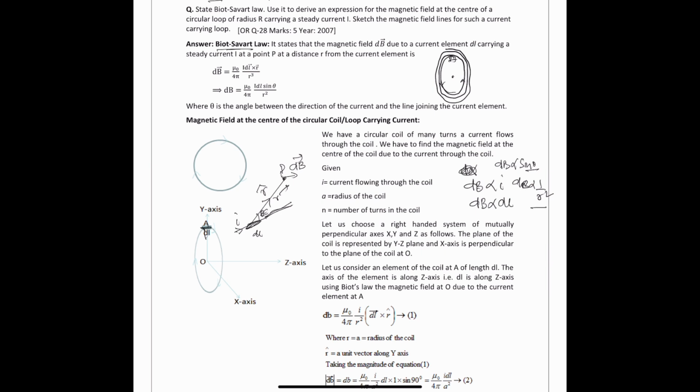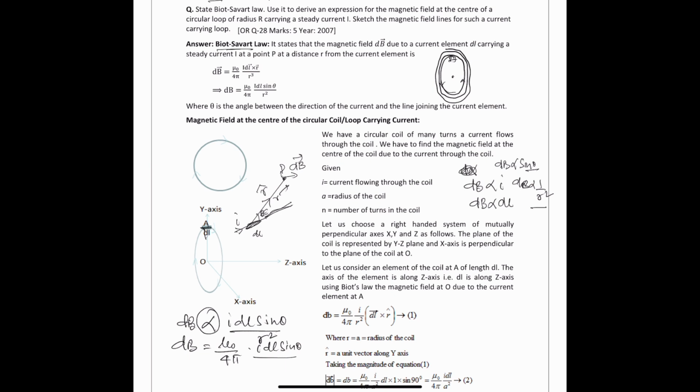So by combining all these things, we find that dB is proportional to I dl sine theta by r square. Now to replace this proportionality sign, we replace it by a constant which is equal to mu0 by 4 pi, so dB equals mu0 by 4 pi, I dl sine theta by r square.